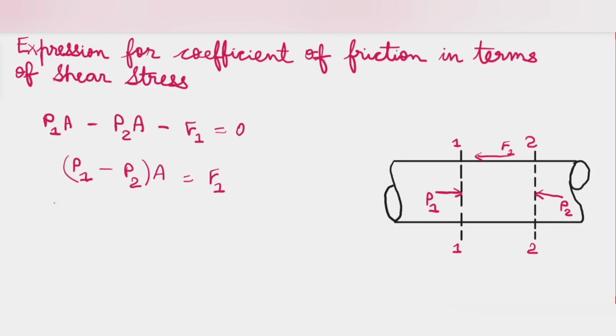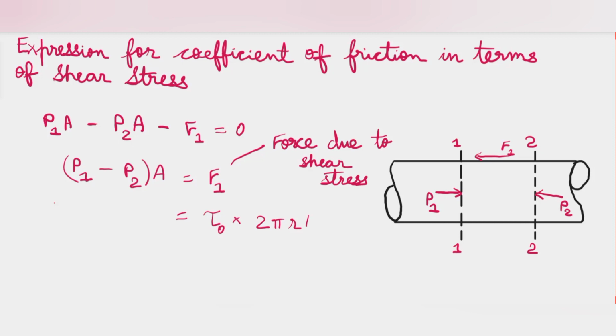So P1A minus P2A minus F1 is equal to 0. This F1 is the force due to shear stress. So (P1 minus P2) into A is equal to F1, the force due to shear stress.